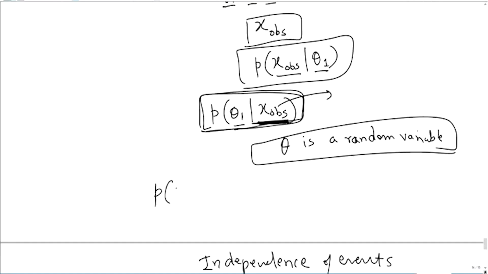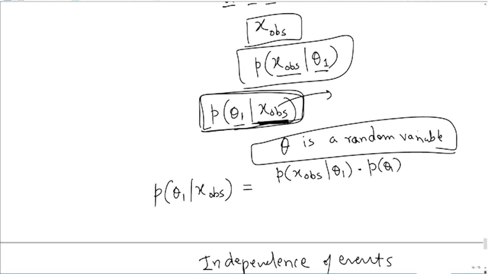So if we apply Bayes theorem here, probability density of theta 1 given x obs, right? The Bayes theorem would say that this should be equal to probability density of x obs given theta 1 into probability of theta 1, right?